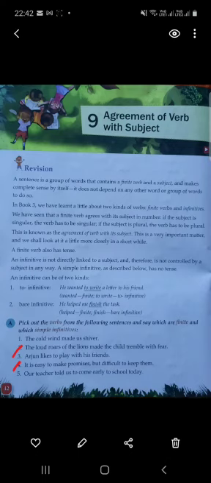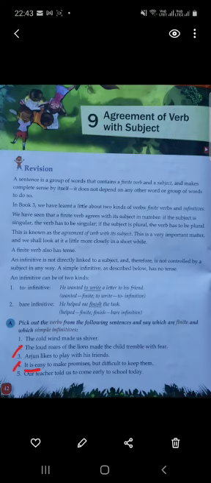It is easy to make promises but difficult to keep them. What are the verbs in this sentence, children? You need to check for the helping verbs also. Here, if you observe, there is a helping verb in this sentence. Can you guess what that is? Yes, it is "is". Is, are, am, all these are helping verbs, right? So "is" is a helping verb. It will be changing according to the number and the person, right?